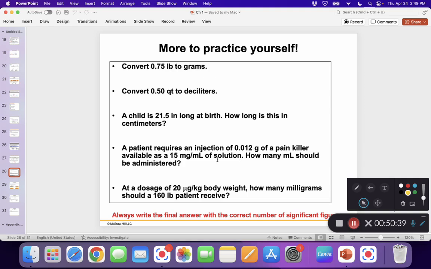If you have any question on these, please reach out to me, and I will be there to help you. And don't forget to always report your final answer with the correct number of significant figures. Do not write all the numbers that you get in the calculator. You have to round off to the correct sig fig after you are done.